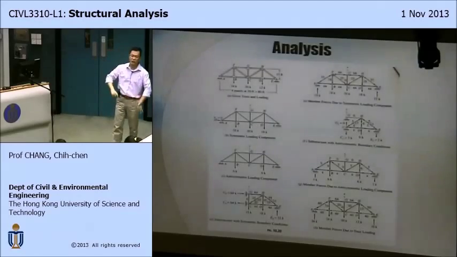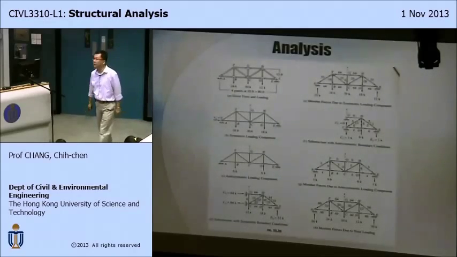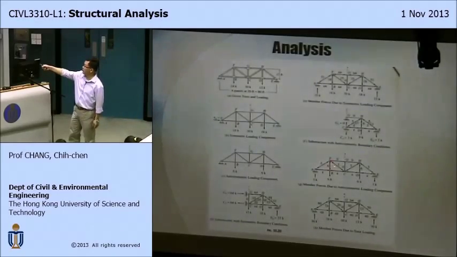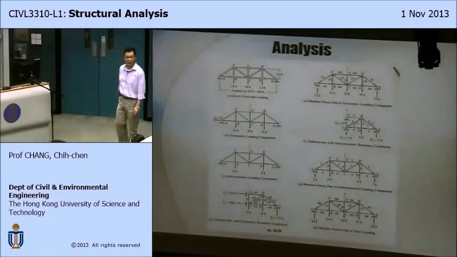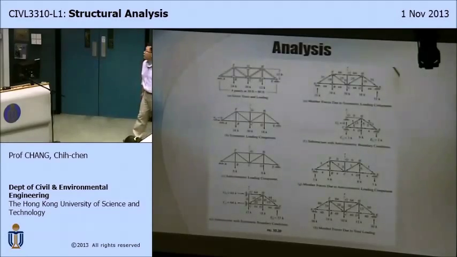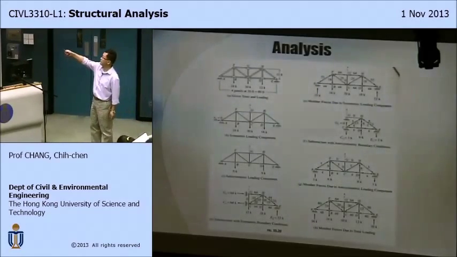Right? Anti-symmetrical is mirror image and negative sign. So you just flip over and then change the signs of the force. Originally, you might have tension, compression, then this becomes tension. So the sign has to be flipped for anti-symmetrical loads. After that, you just add this one with that one, then you get this one.